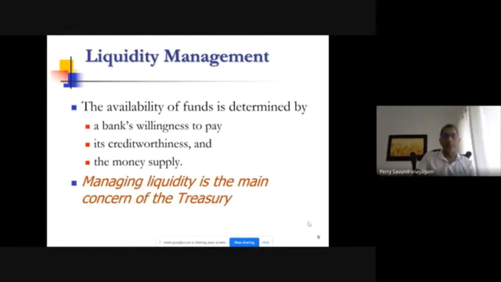So availability of funds is determined by, yeah, managing liquidity is one of the main concerns of the Treasury. Let me put it that way. The availability of funds is determined by the bank's creditworthiness and money supply. So that's understood.